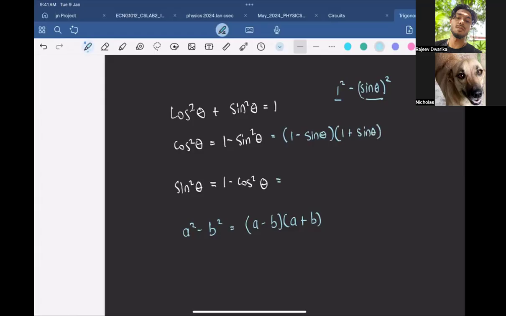Right. And what is 1 minus cos squared theta? Make a wild guess. It's 1 minus cos theta times 1 plus cos theta.